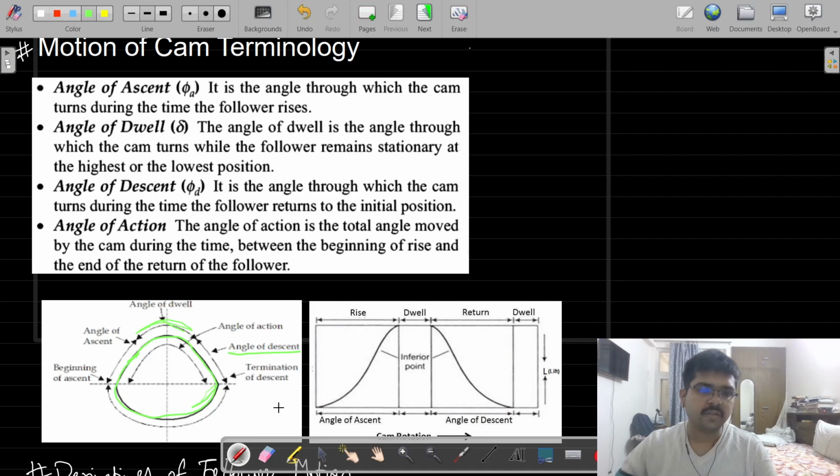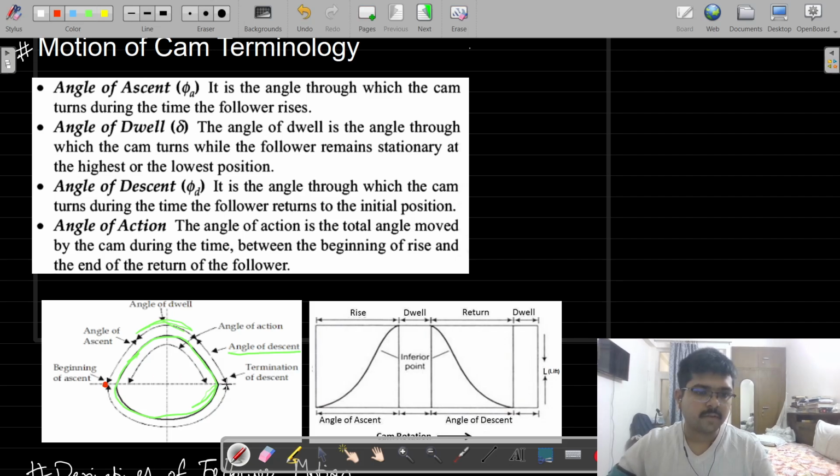Now angle of action. The angle of action is the total angle moved by the cam during the time between the beginning of rise and the end of return of the follower. So the beginning of rise is here, I'll mark it in red, this point.